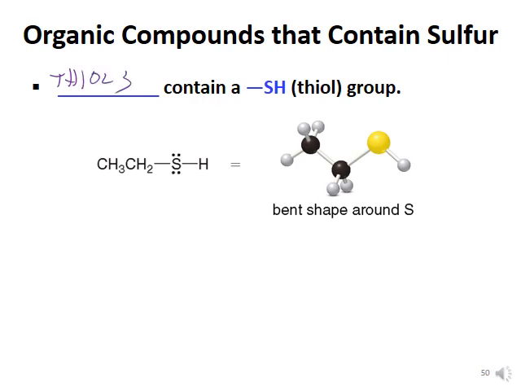Thiols contain an SH group, and it's very similar to an alcohol, right? Same everything. Bent shape, polar, because it's all group 6, just below oxygen on the periodic table, so very similar in physical and chemical properties.